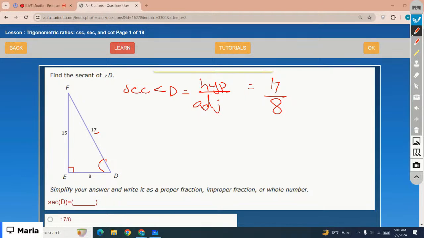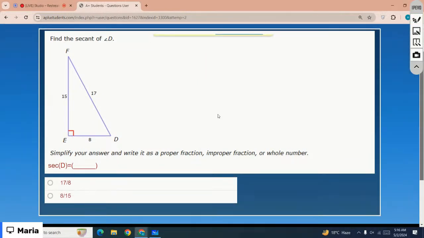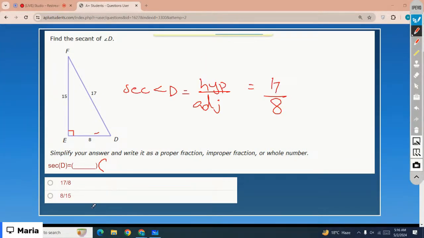The correct option is option number 1, that is 17 over 8. If you have any question related to the lesson, please ask.